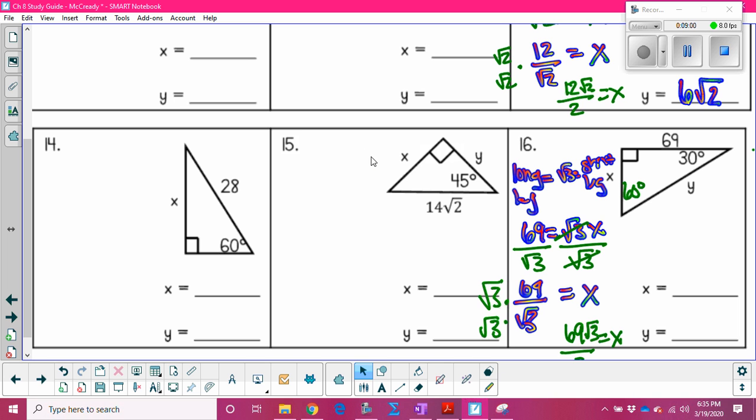So 69 divided by 3 is 23. So we have 23 root 3. Okay, now to find the hypotenuse, it's just 2 times the short leg. So y is equal to 2 times 23 root 3. So 2 times 23 is 46. You have 46 root 3.